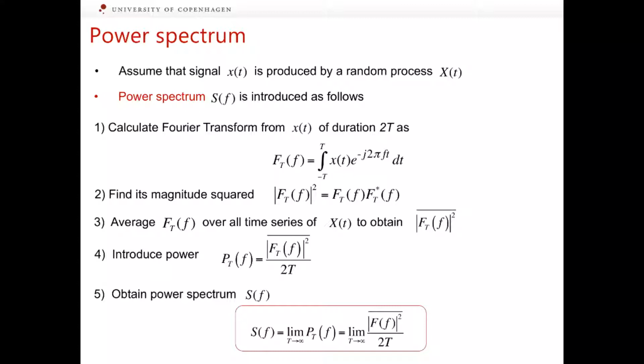So when t is increased, the top and the bottom of the power grow together. However, their ratio could stay a finite quantity. The result of this procedure is the power spectral density, or just power spectrum, of the given oscillatory process. The spectrum depends on the frequency f of oscillations.